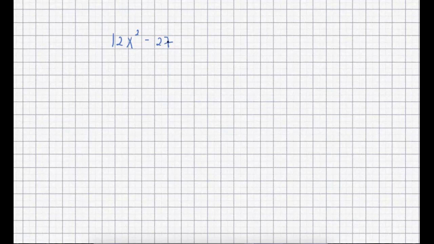So שורש 27 and also שורש 12. But it's not a good number. So if it was, for example, you know what, let's start with a different example. So let's say you'd have 9x בשנייה minus 16. This is a good example. How do you do that?